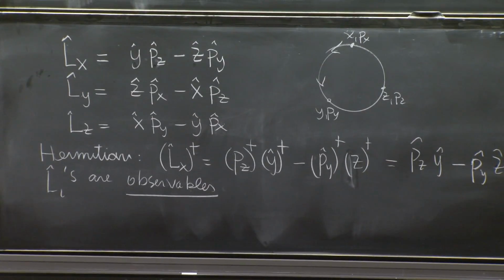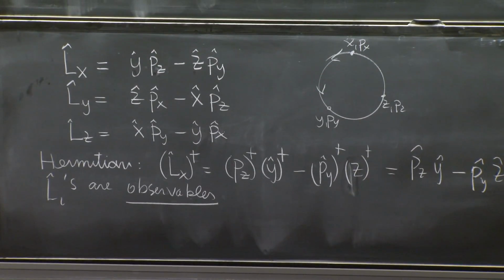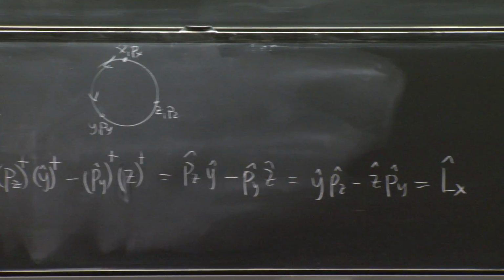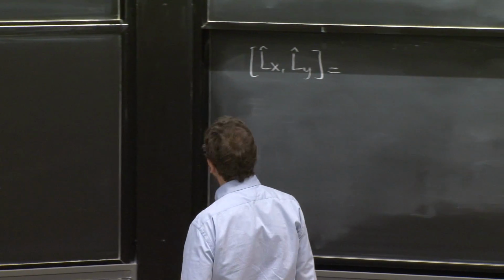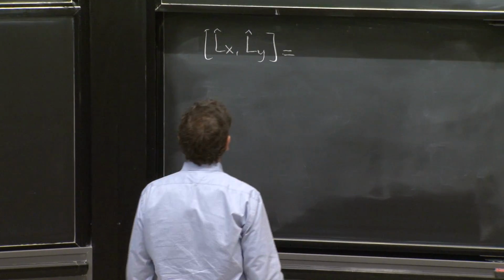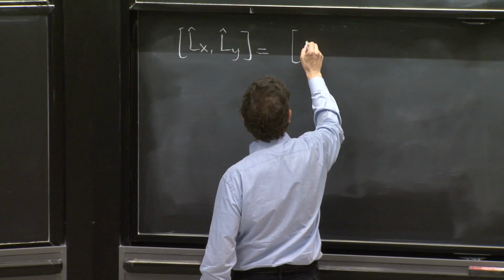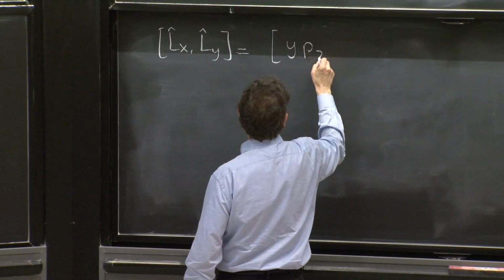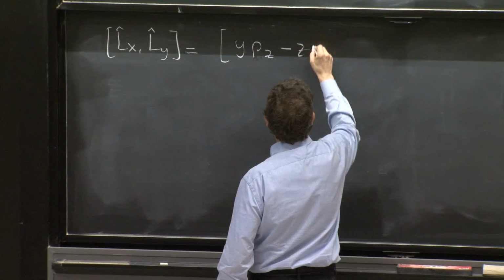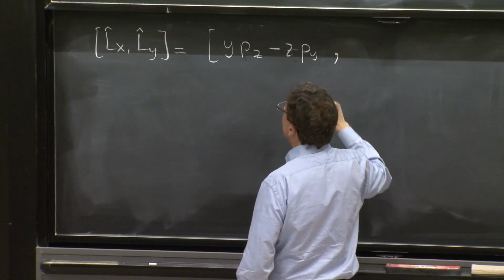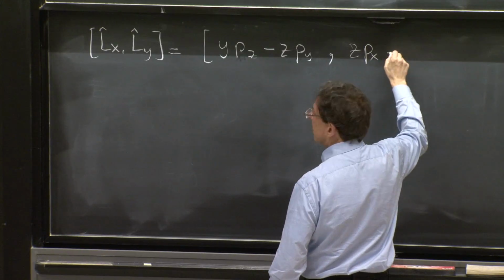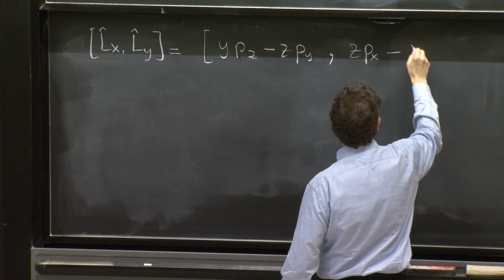So we'll do Lx with Ly. Try to compute the commutator. So Lx is y pz, let me forget the hats for simplicity, minus z py. And Ly is z px minus x pz.